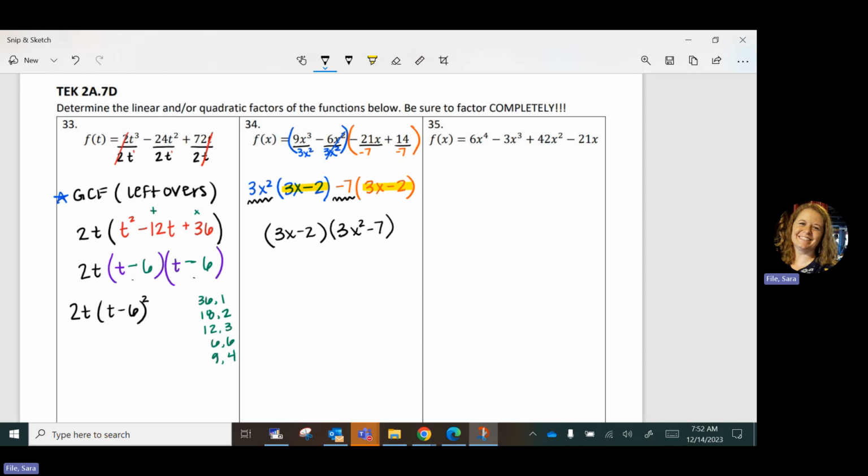We do have 4 terms again, but is there a GCF I can take out before I try my grouping? All those are divisible by 3 and all of them have an x. So y'all say 3x.